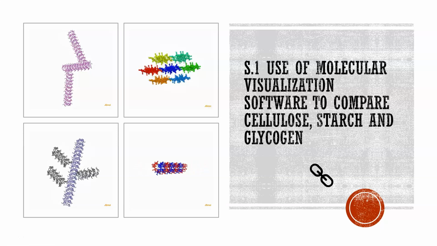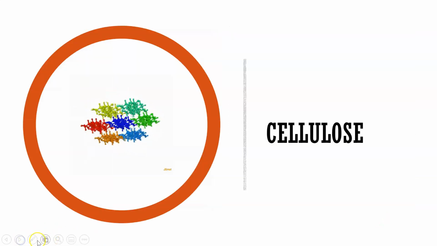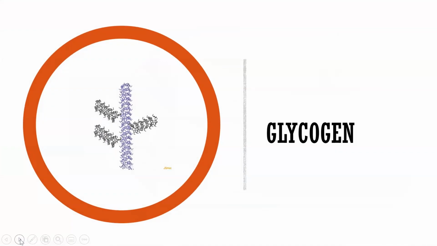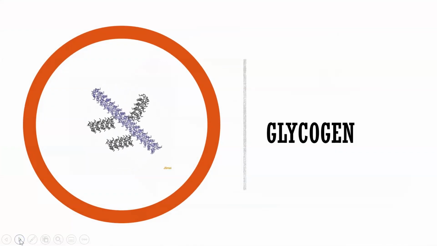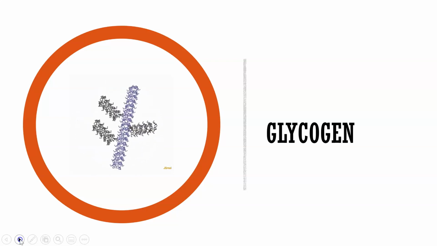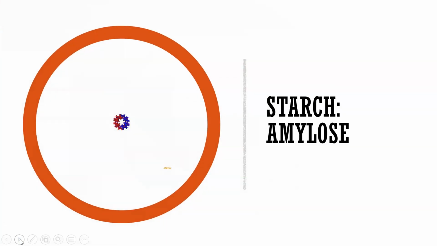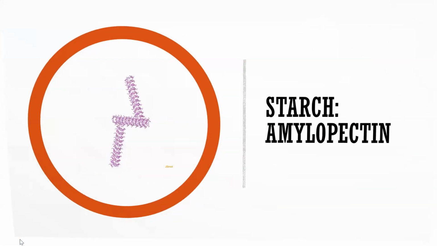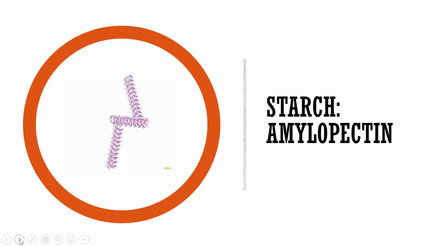You're getting that 3D image of the molecules we're looking at. So here you can see cellulose, glycogen, amylose, and amylopectin.